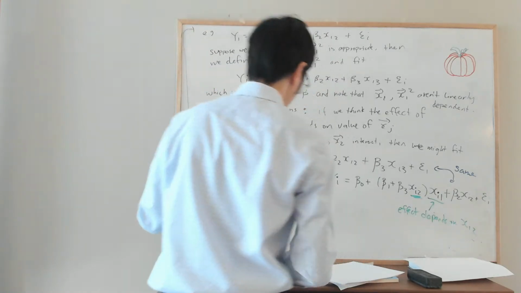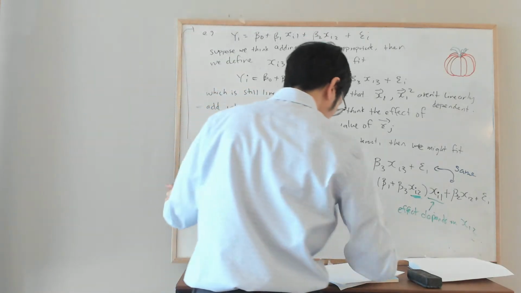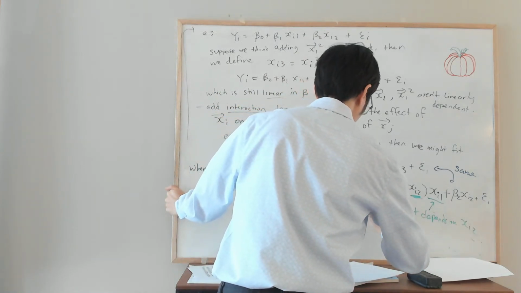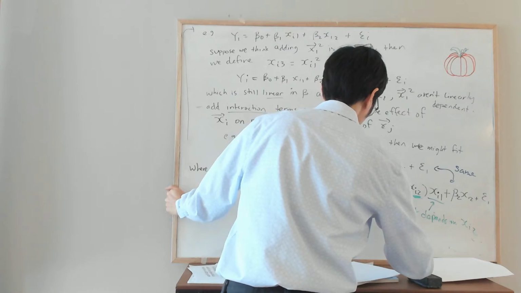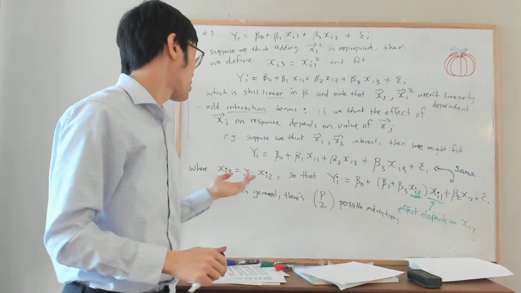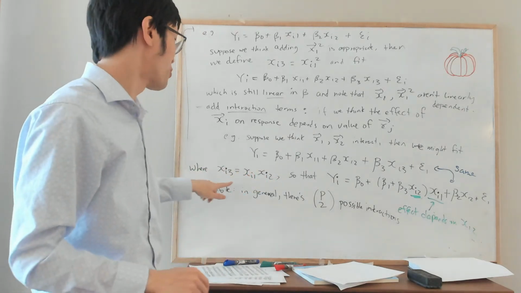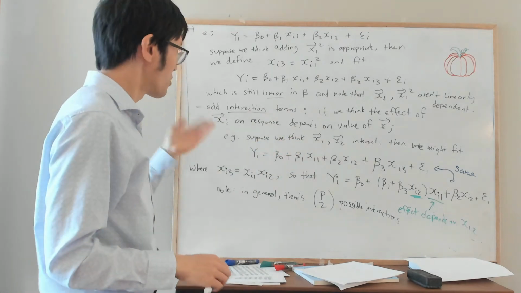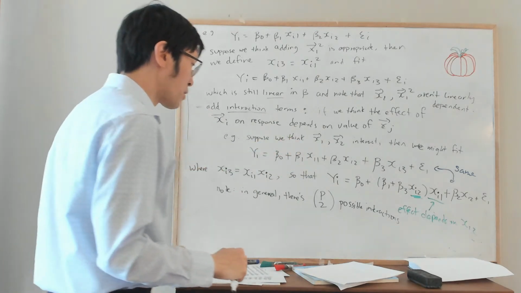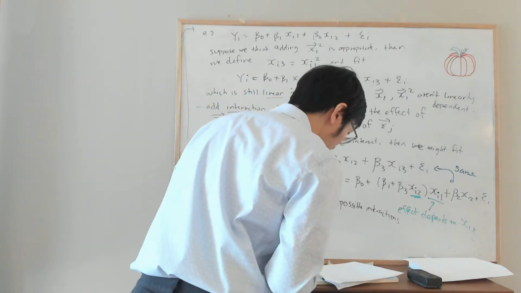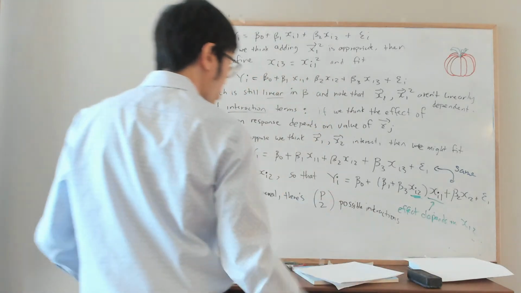So P choose 2 possible interactions involving two variables. And in fact, you could go further and create a three-way interaction between x1, x2 and x3 and so on, right? So this is just overviewing the kind of extensions that this allows us to do in our model. So there are a lot of possible interactions.